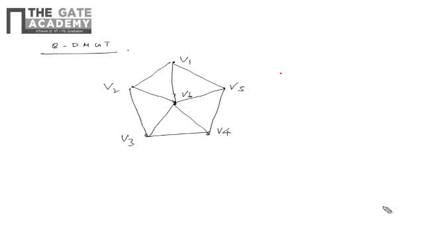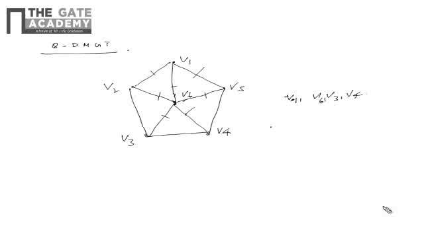For example, if I am talking about v1, v6, v3, v4, with v1 these two edges will be covered, with v6 all these will be covered, because all the edges are incident on v6.